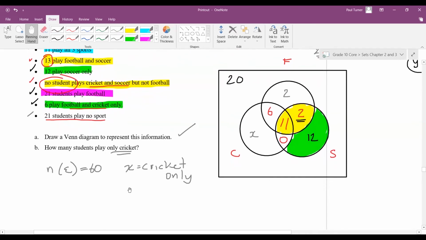Then I'll show it down here. Remember, the total here should equal 60 of all these numbers. But there's 21 that don't play any sport here. Let's fix that. 21 here. Okay, so put your numbers in and find X. Give me an answer in a minute, and then we can look at the next one.